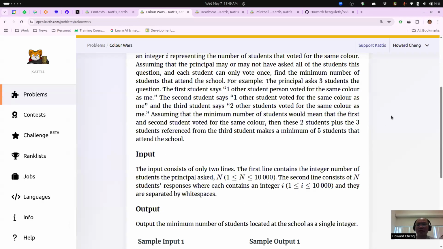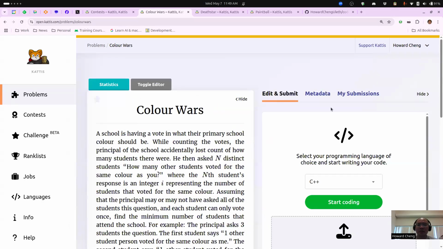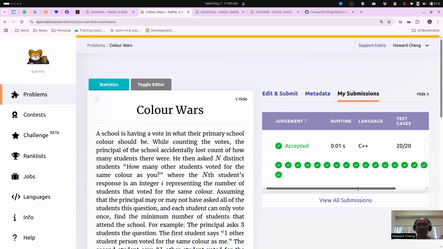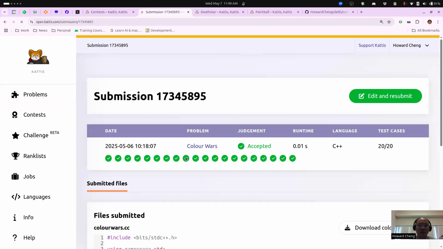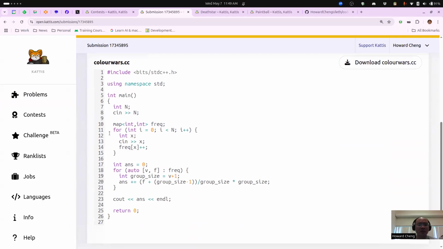Okay, so with all of that, I'll just show you my code. Again, my code is relatively short. We're reading n, and I read in this frequency table, and for each thing that you give me, I just increment it. So I know the frequency for each input, how many times I see that input. I have my answer, which is initialized to 0.